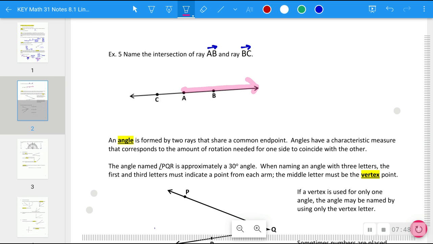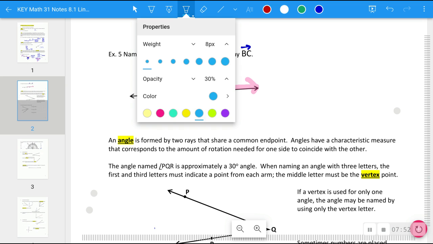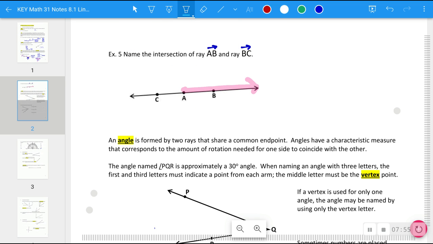So it starts at A and goes in the direction of B forever. And then I'm going to use a blue highlighter for the other one, ray BC. And you can see that the intersection, the part that's on both rays, is this middle segment here. So the answer here is segment AB.